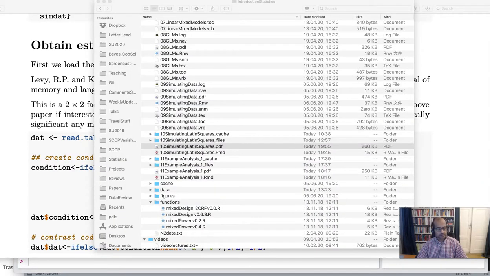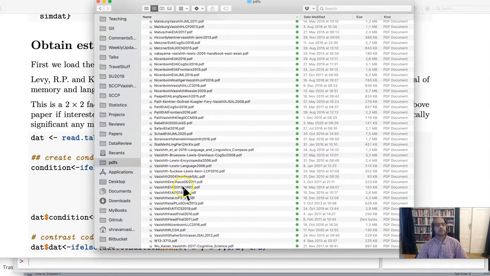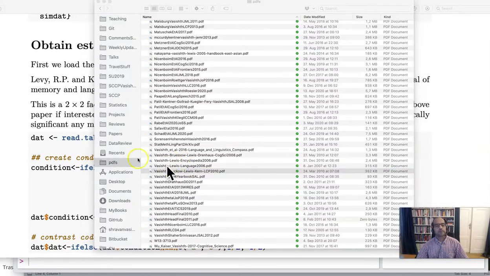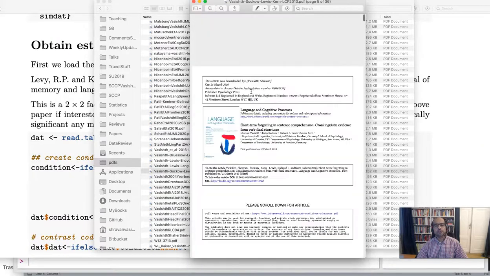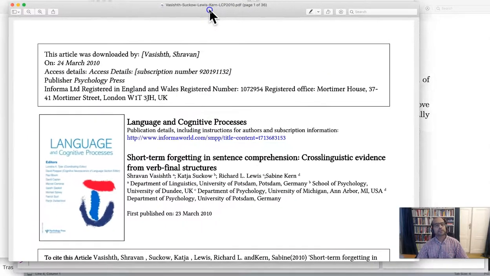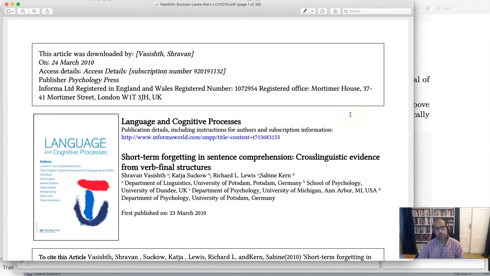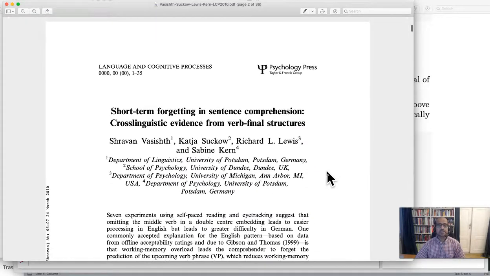So for example, let me just pull up an example paper and show you. This paper, for example, in 2010, right? The research here was started in 2004 or something like that, or was it 2006 maybe? Yeah, so we ran 7 experiments in this paper, and they were very similar experiments, right?